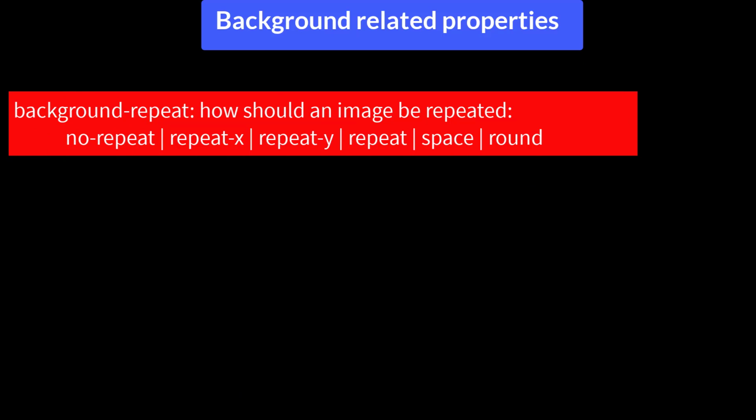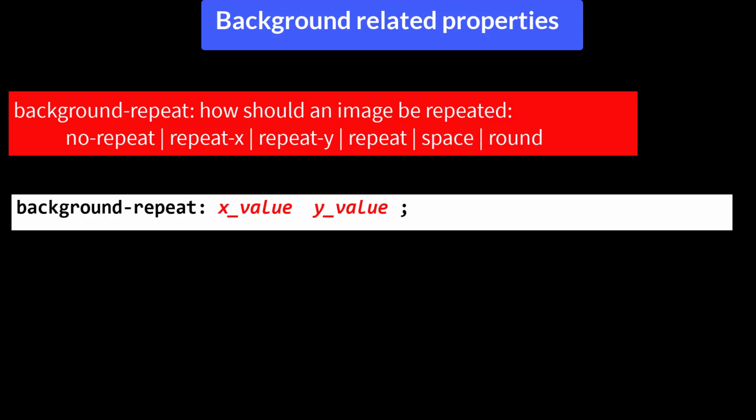Background repeat, how an image should be repeated. And you can specify no-repeat, or repeat-x, or repeat-y, or repeat, or space, or round. So, an image can be repeated horizontally, repeat-x, or vertically, repeat-y. Generally, you need to specify both an X value and a Y value, not separated by a comma.